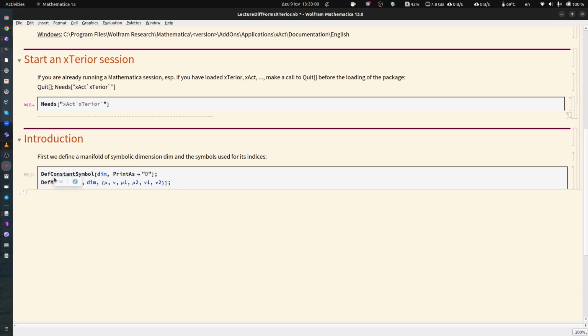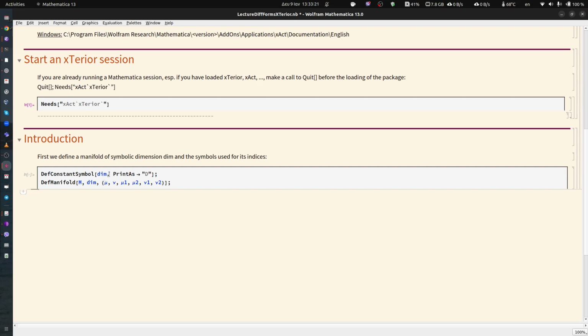But DIM has to be declared as a constant symbol, and be careful when doing calculations with xTerior and with xAct in general. If you have symbols that you want to be treated as constants, you have to declare them, otherwise they will not be treated as constants.